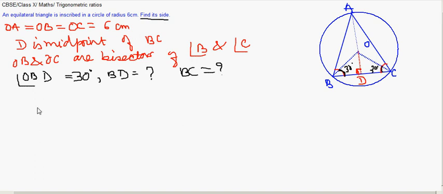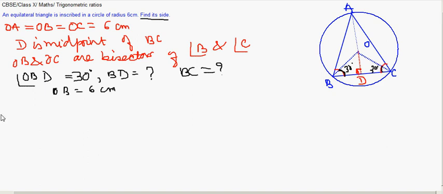That's right. In this triangle we also know OB, which is given as 6 centimeter. Now we will apply the trigonometric ratio to find BD. Because we know OB and we need to find BD, which in this triangle is the base and hypotenuse.